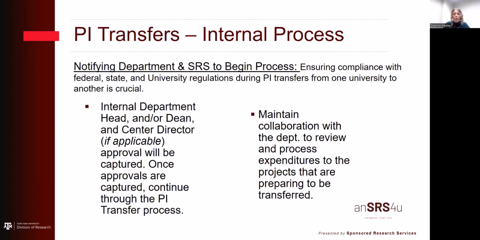We will pivot to our department head, our dean, our center director, if those individuals are applicable to those projects and departments, and we will capture that approval. Once those approvals are obtained, we will continue through this PI transfer process. Maintaining collaboration with the department to review what our current expenditures are, what we have in pending to review, and the future expenditures that we will need to pursue in order to complete this PI transfer.